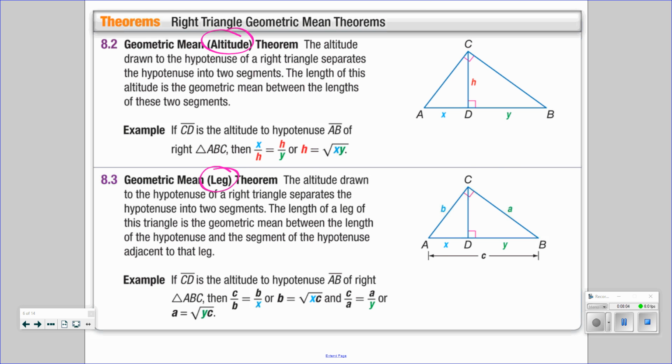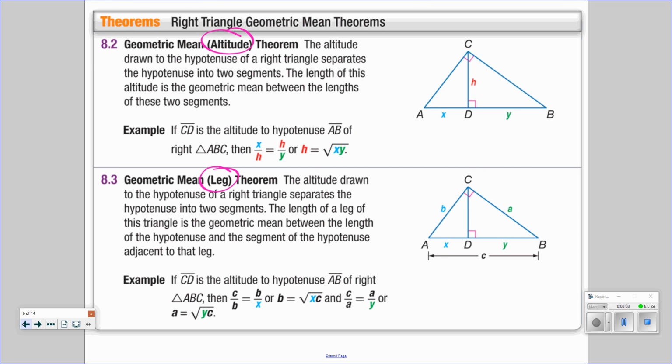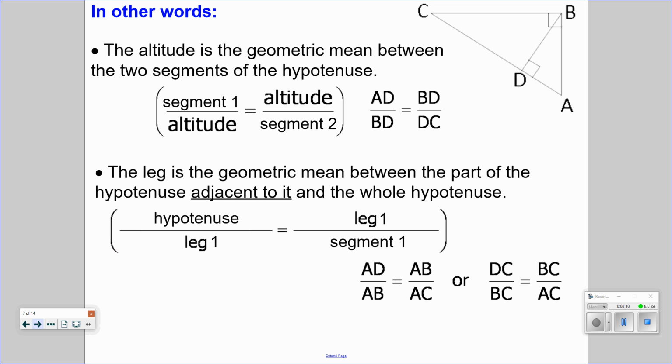So, how I tend to write it, instead of thinking about X and Y, I go back to the picture that we had in the beginning. We have our altitude, leg 1, leg 2, segment 1, segment 2, and then our whole hypotenuse. Those are our labels for all of our large triangles, whenever we're looking at these similar triangles.